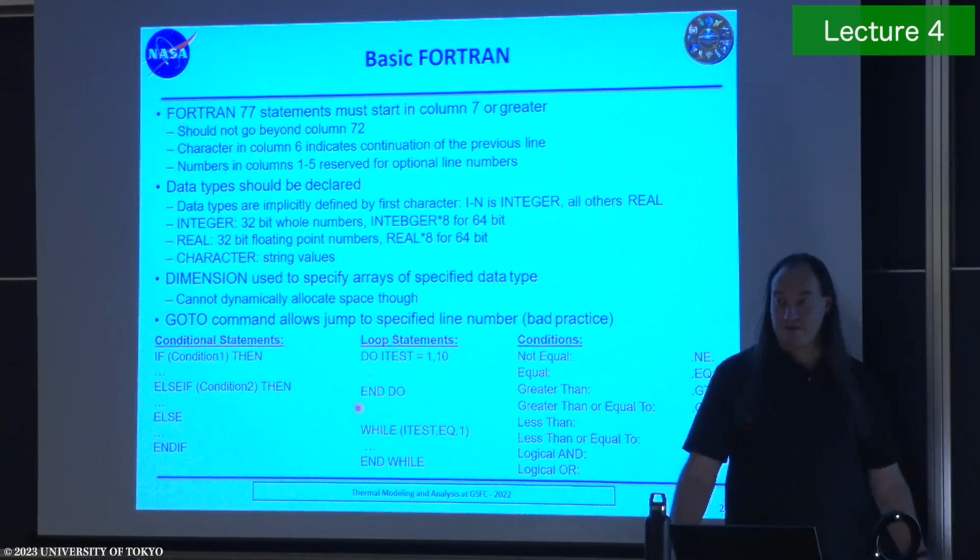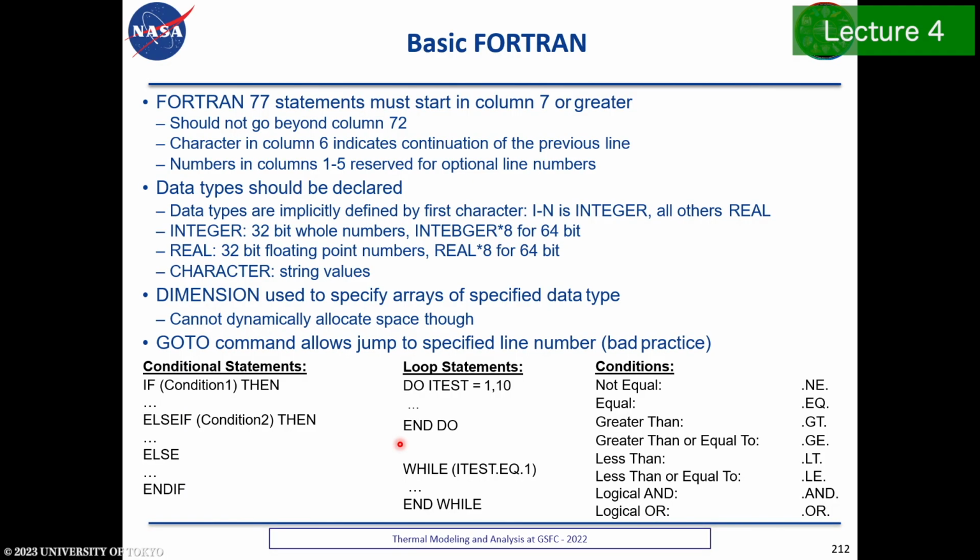So basic Fortran helps to understand this, because Cinda was written a long time ago. Fortran 77 is still a very good number crunching language, so it's still used. I think now you shouldn't go beyond column 132, but 72 is what it was when I was in school. A character in column 6 is a continuation, and 1 through 5 is line numbers.